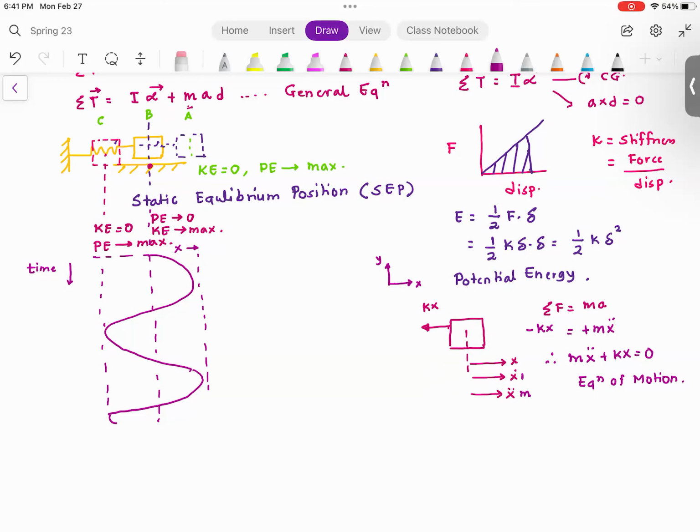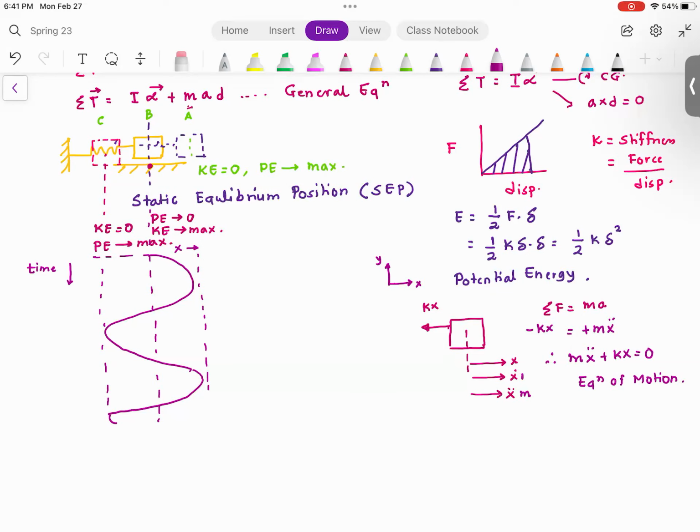Please understand, m is a constant. m is the mass. K is the stiffness of the spring. x is the displacement, that is a function of time. So what is the independent variable? Time is the independent variable. x double dot is acceleration. What is the dependent variable?